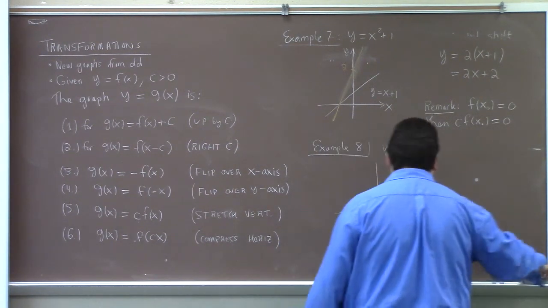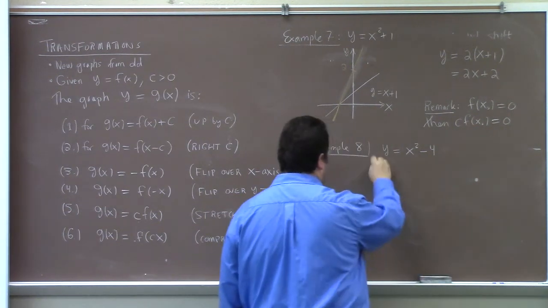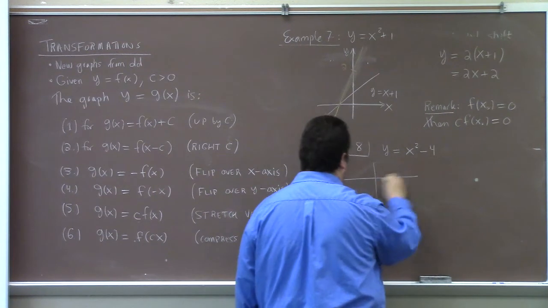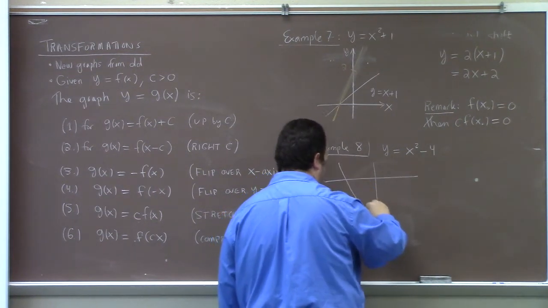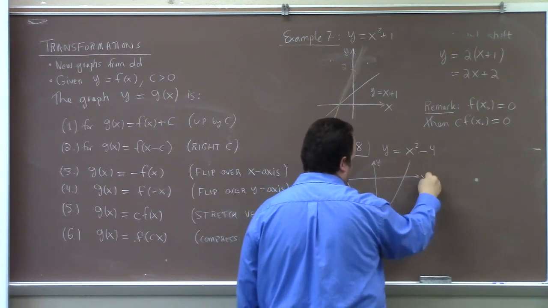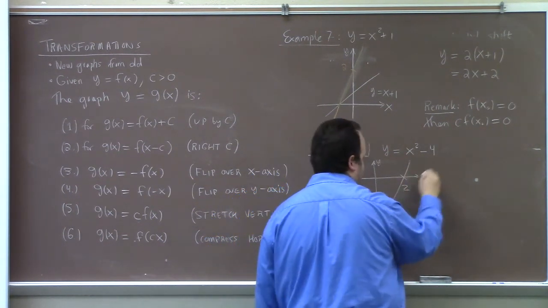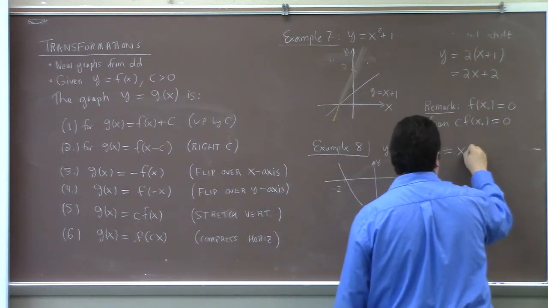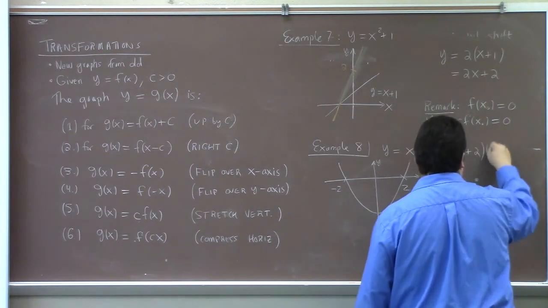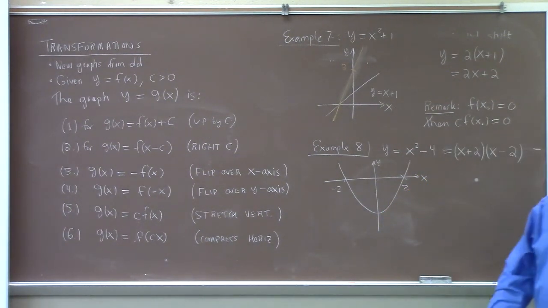Oh man, poor planning on my part. The interesting stuff is mostly happening below the y-axis here. So this is minus 2, and this is 2, which we can understand from completely factoring this to x plus 2 times x minus 2. It's not an either-or.